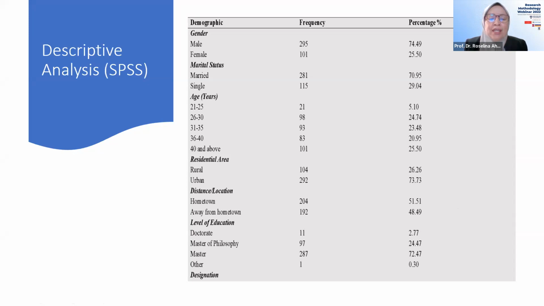And for the highest level of education, majority obtained a master's degree, which constitutes 72.4%. And of course, if there is designation, just state that. So that basically shows your capability of presenting your data narratively.